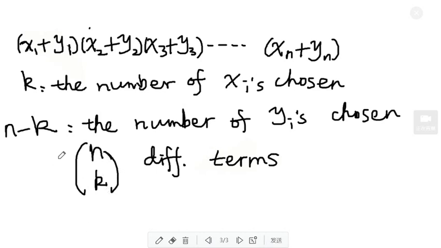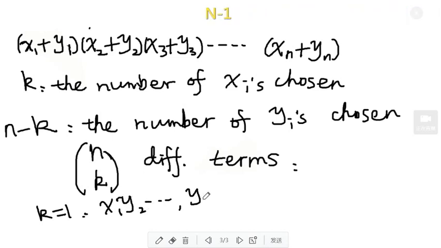For example, if k equals 1, how many will we get? If k equals 1, which means we are going to have 1 x, so n choose 1, the answer is n. How can we get those n different terms? You can have x1, y2, ..., yn.